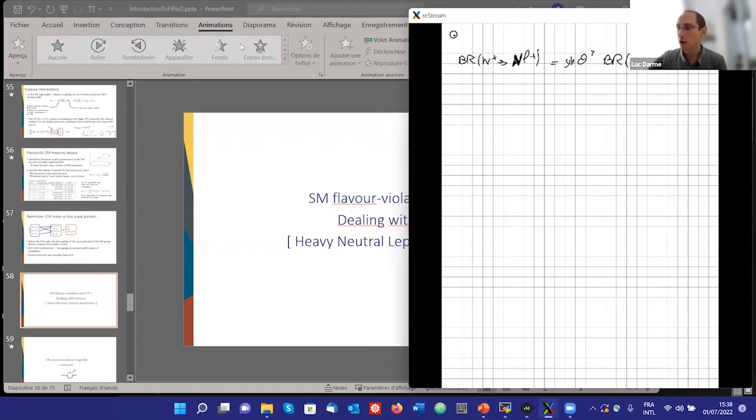So what this tells you is that even if your particle, here the right-handed neutrino, does not have per se a flavor violation, like the ALP, it's still very important to look at flavor violating decays. Because this is the best way of looking at processes.